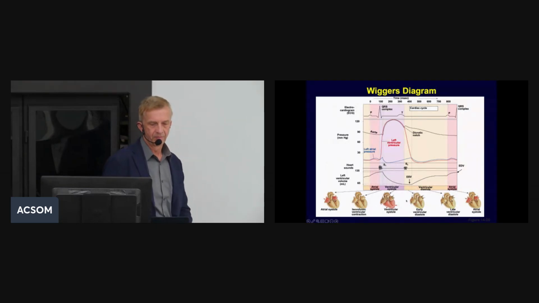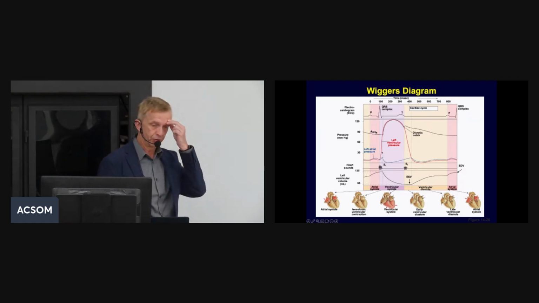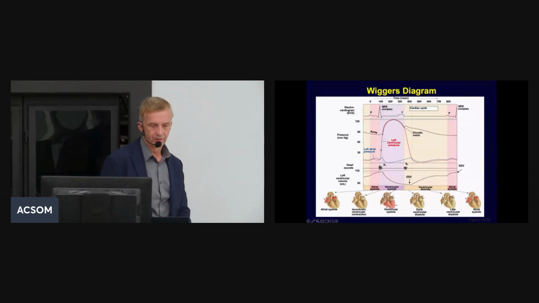And then the volume in the ventricles decreases, but the pressure, and I'll show you the initial pressure volume loop, increases, which opens the aortic valve, and then the ejection phase starts until the pressure inside the ventricle is lower compared to the pressure in the aorta, and causes closure of the aortic and pulmonic valve.